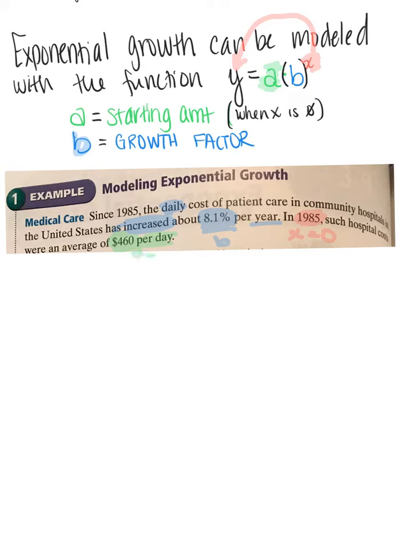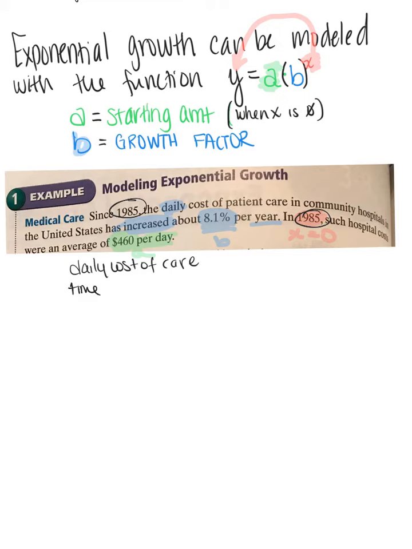All right, let's see if we can write our equation now to model this. So the two variables that I'm dealing with are the daily cost of care, in dollars, and time. Time is my other unit, because I've got years, 1985.